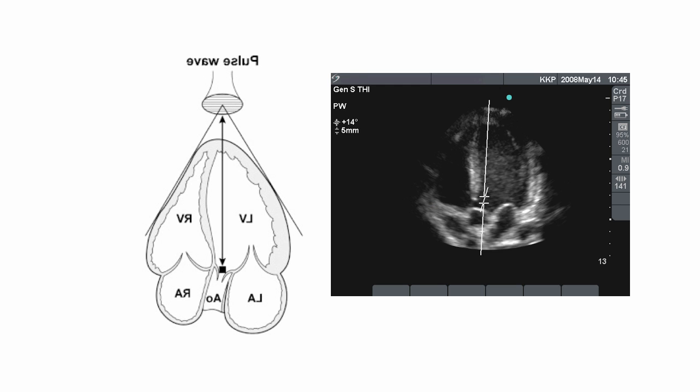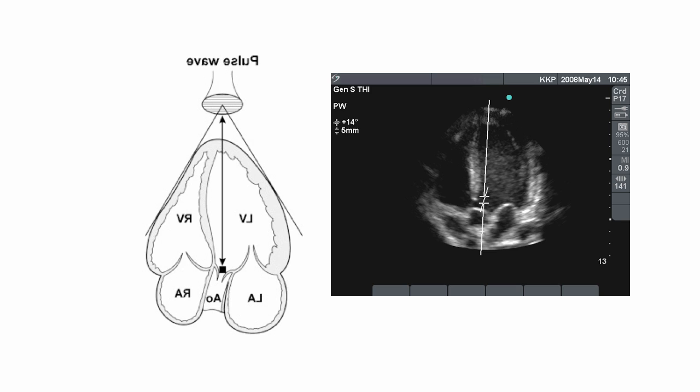The next thing we want to work out is the velocity of the blood travelling through that space. So this is using pulse wave Doppler. With pulse wave Doppler, you can set what they call a gate, which is a little spot where you want to measure the velocity of blood at that point.